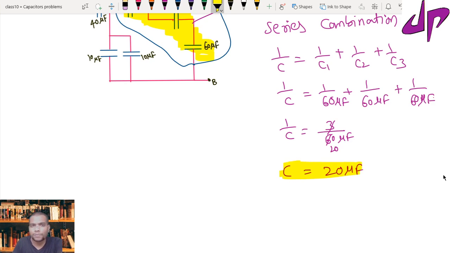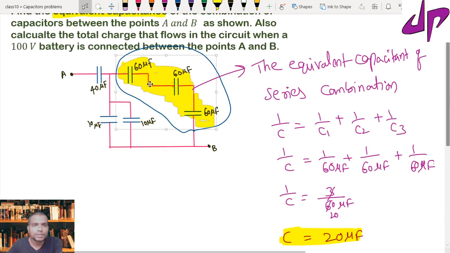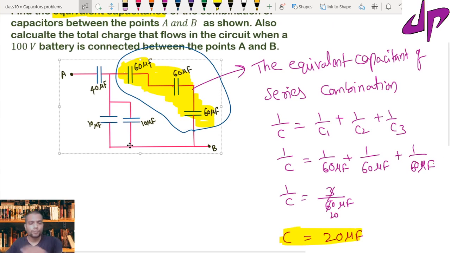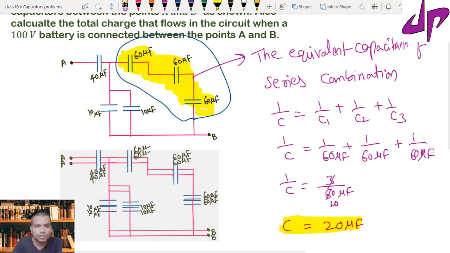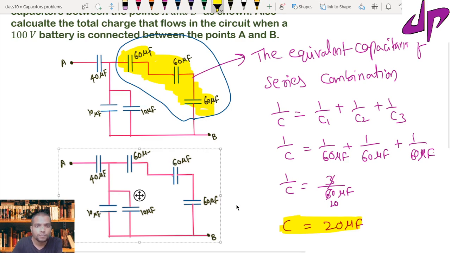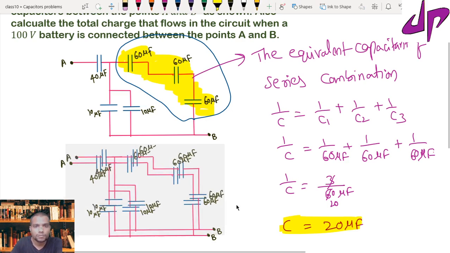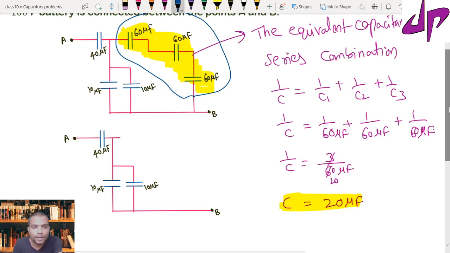Now I will replace these three capacitors in the circuit. I remove the three capacitors. Now I need to connect the equivalent capacitance.